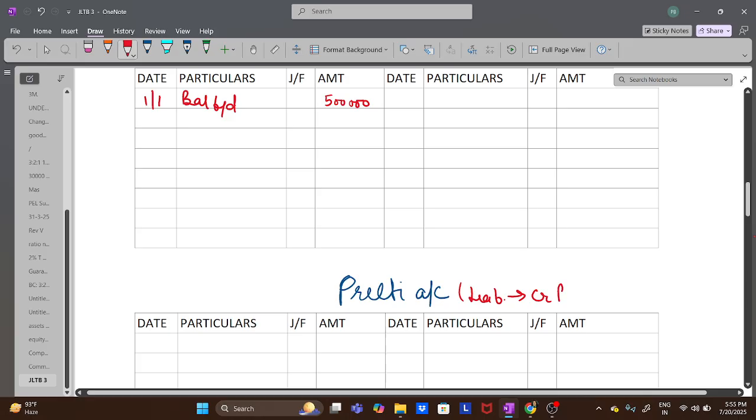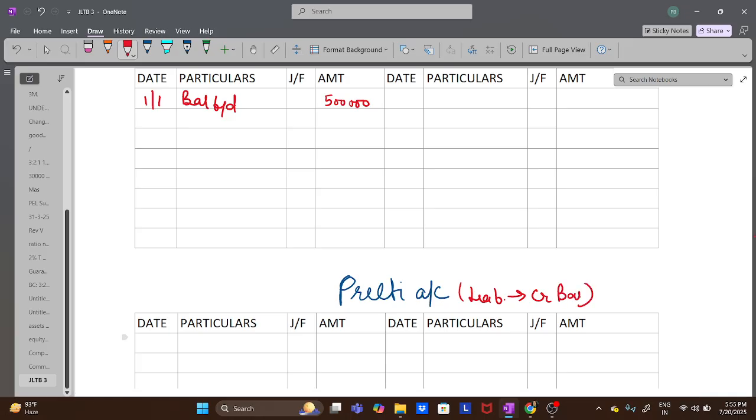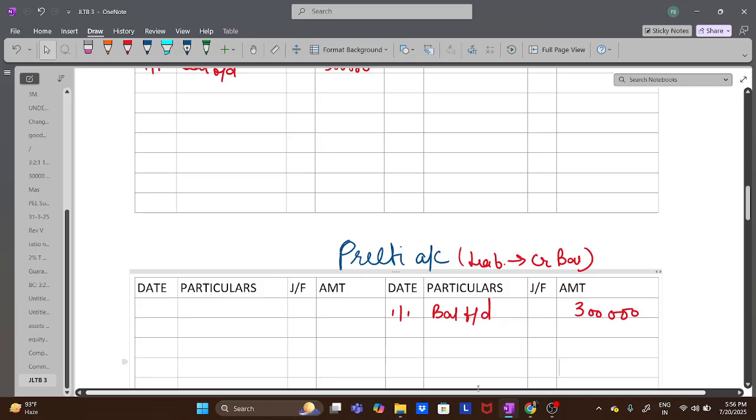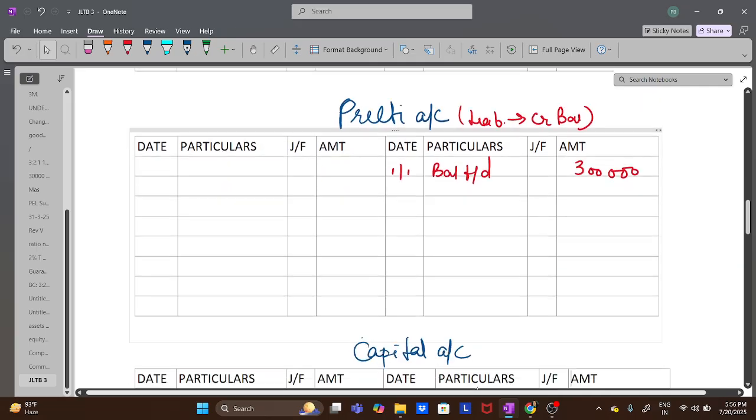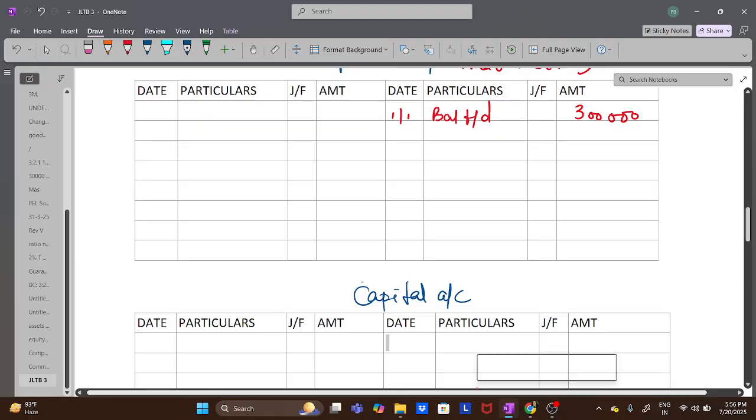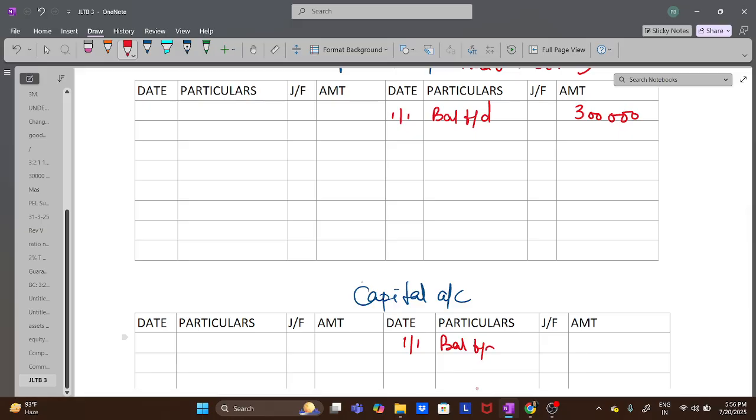Liabilities have credit balance. So for this, balance brought down of Preeti comes on credit side, which is rupees 3 lakh. Next ledger which we need to prepare is capital. Capital again has credit balance, balance brought down on credit side, 9 lakh.